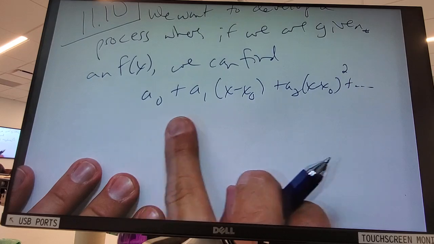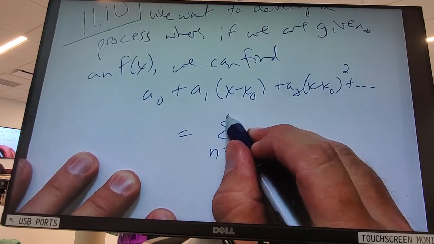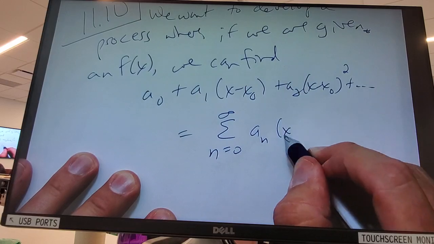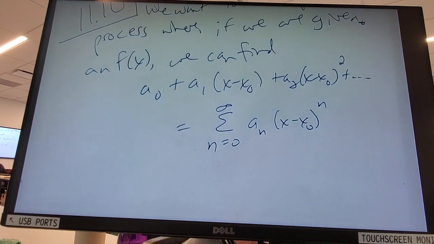Do you guys see how, if I write this as a series, is that cool? That is a power series. So I want a power series representation. Power series is another way to say infinite polynomial. I prefer infinite polynomial because that sounds trippy.